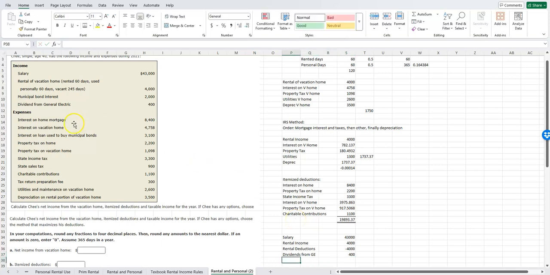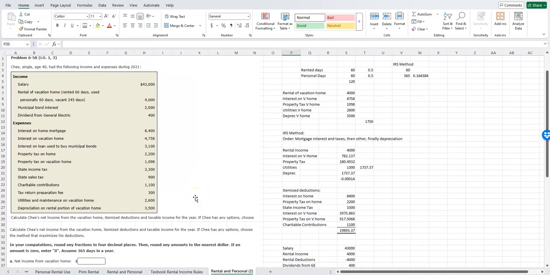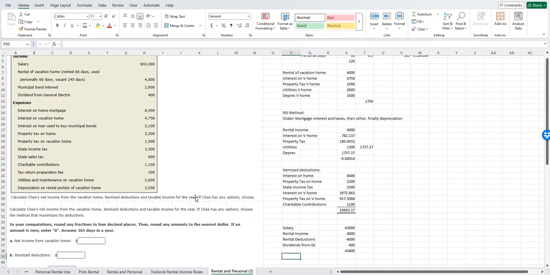All right, and then we already took care of all of those, so I don't see any other for AGIs. So I'm going to net all this together. And then my itemized deductions are $19,893. This person is single. We're doing 2021.